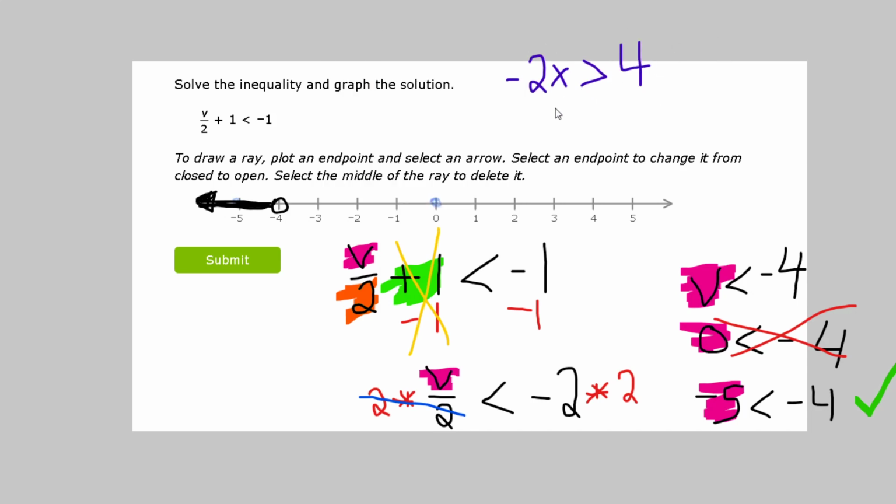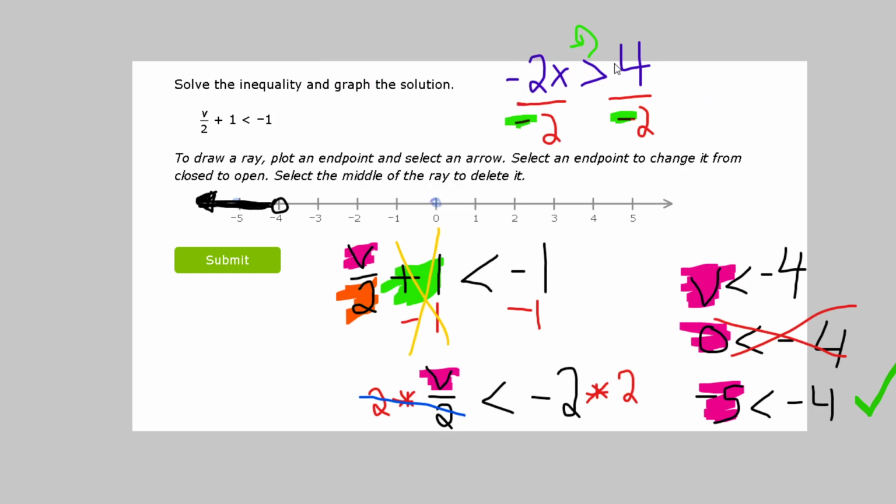So with inequalities, really the only difference from normal equations, besides how you graph them, is if you divide by a negative number or multiply both sides by a negative number, you have to flip the inequality because of it. We have to flip it because we have this negative here and negative here. So that's why we have to flip it.